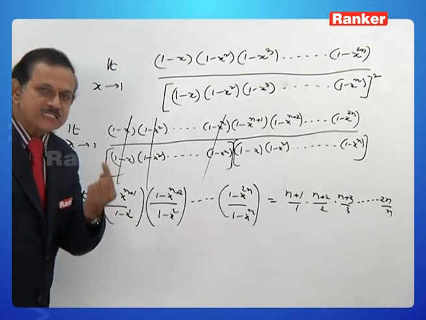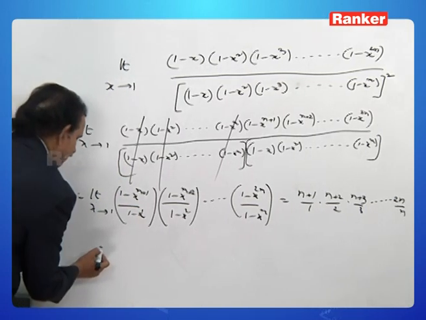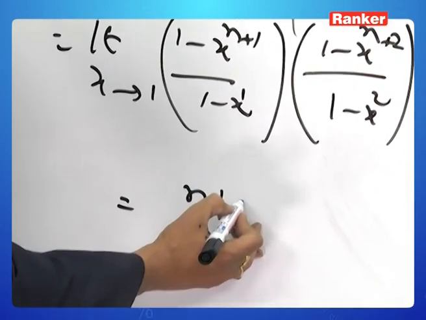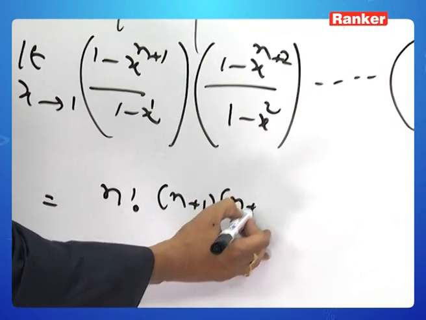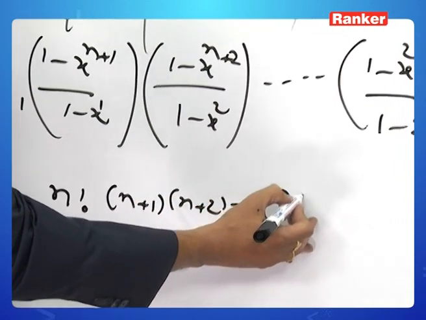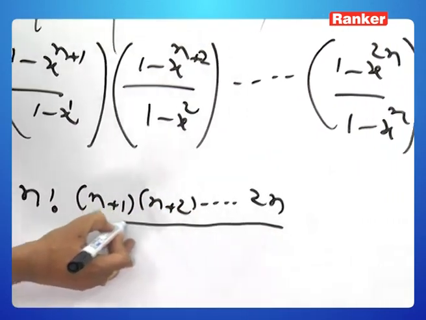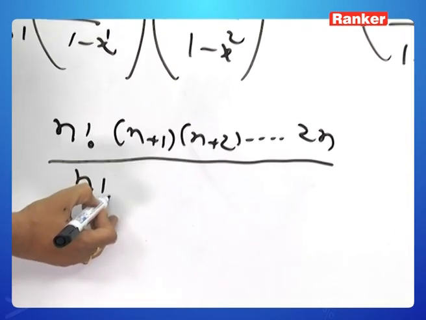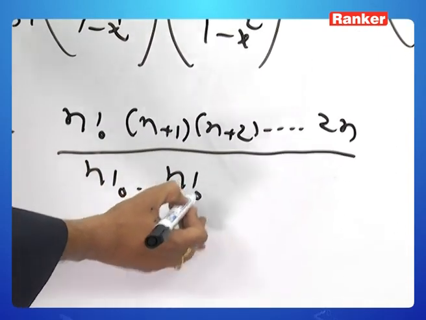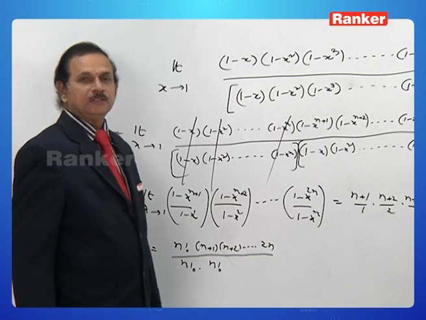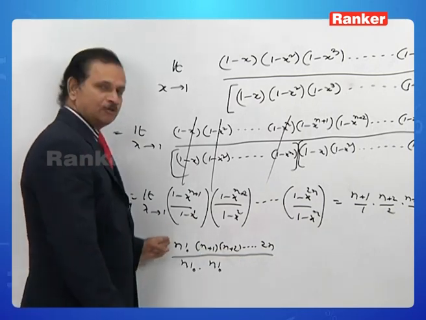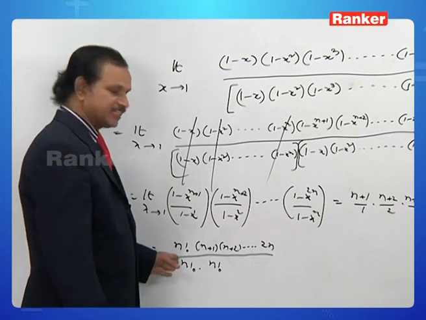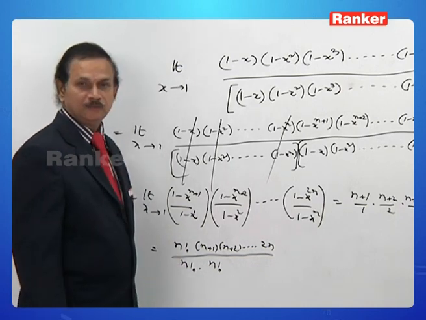Let me do a very simple thing. This is equal to n factorial into (n plus 1) into (n plus 2) into and so on 2n, divided by n factorial into n factorial. What I have done is, I have multiplied both numerator and denominator with the number n factorial.